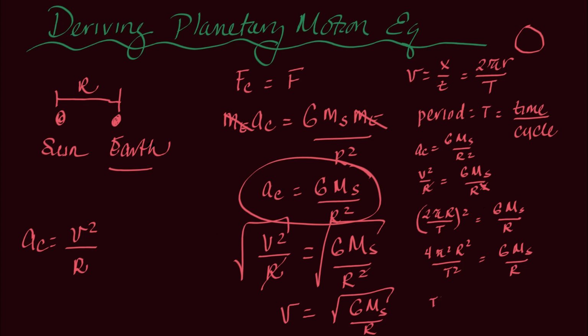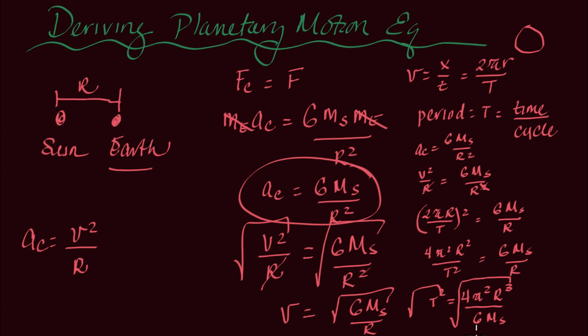So then T squared becomes 4 pi squared r cubed divided by G Ms, and we need to take the square root. So T is equal to the square root of 4 pi squared r cubed over G Ms.